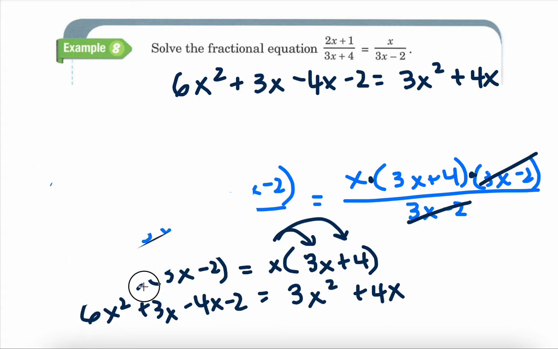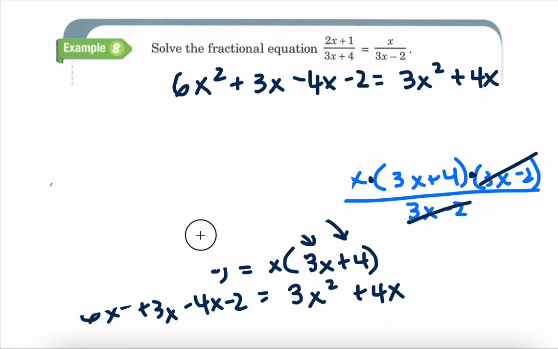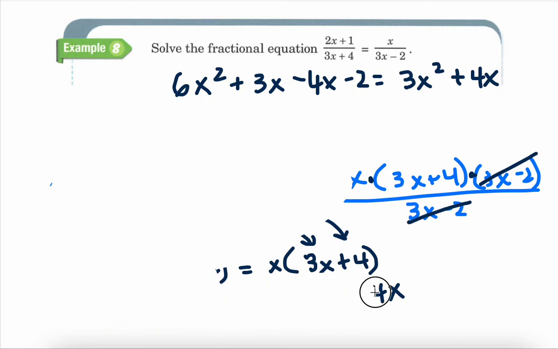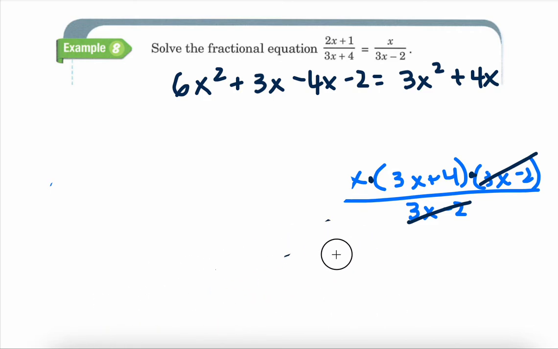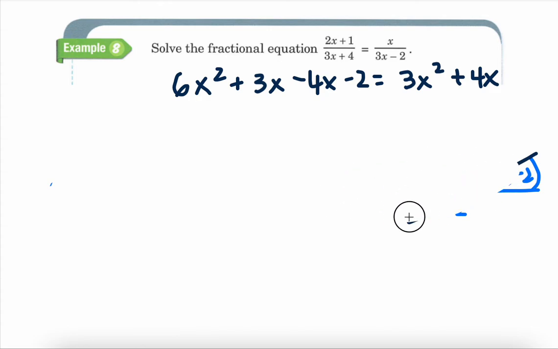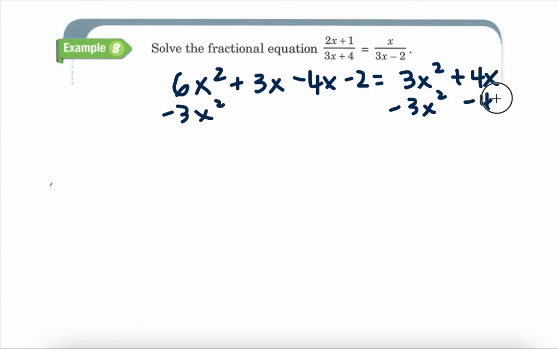Okay, and then I'm going to set it up like a quadratic equation where I have my quadratic expression equal to 0. So I'm going to subtract 3x squared here and here. I'm going to subtract 4x from this side as well when I'm done.